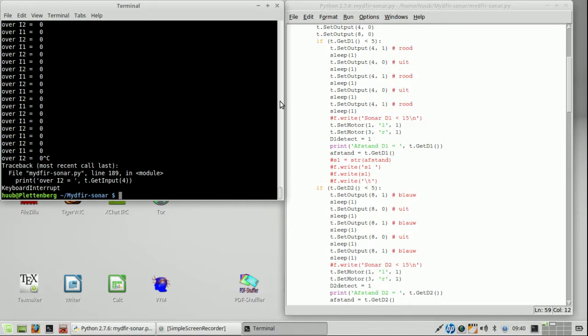So how can I test that the sonar is doing anything at all? That's a very good question. Let's take it off the power and power on again. Alright.